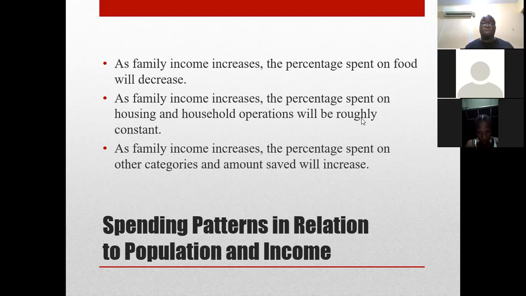Sorry about that. Anyway, let's assume that a family was earning, say, 1,000 naira before. So they were earning 1,000, and then all of a sudden the breadwinner's income increased to maybe 1,500 naira.